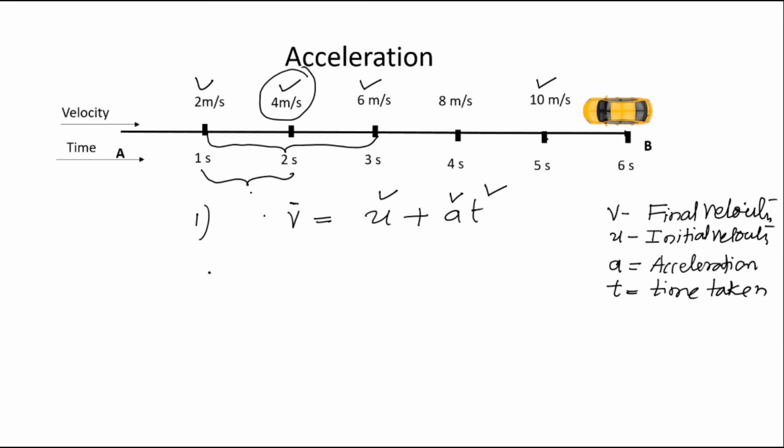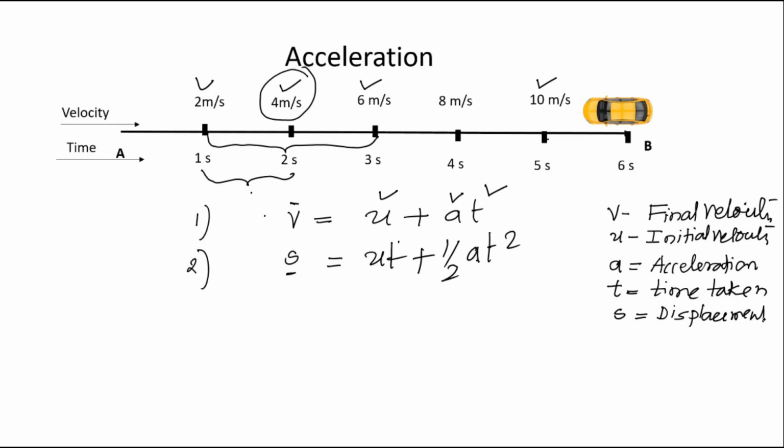The second equation of motion is s is equal to ut plus half at square. Now I have already told what t is. t is the time. Again a is acceleration and u is initial velocity. What does s mean? s is displacement, and you can even refer to it as a distance. Why should we also call it a distance?